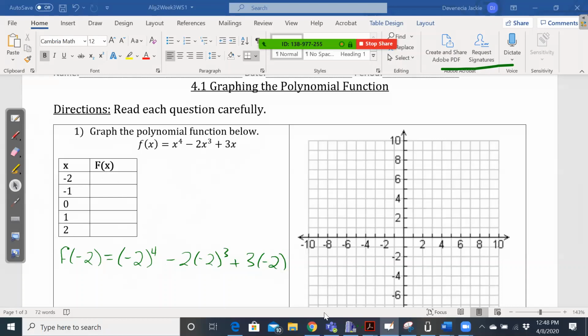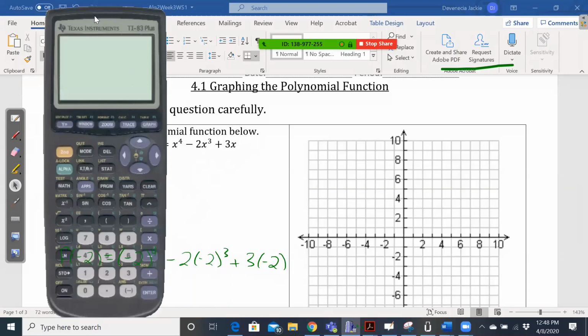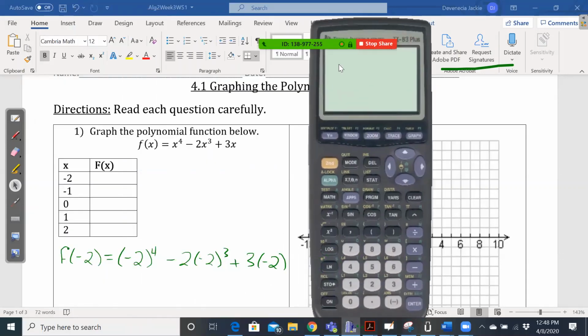If I was going to put this in my graphing calculator, I'm going to put it exactly as I see it over here. So parentheses -2, up 4, minus 2 times -2.